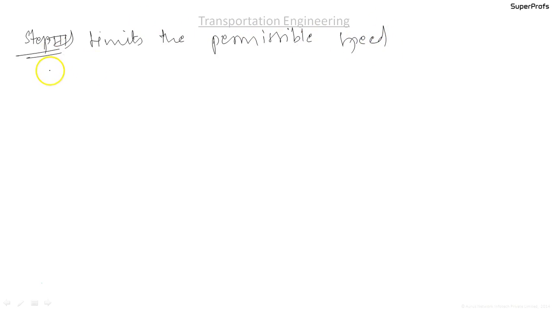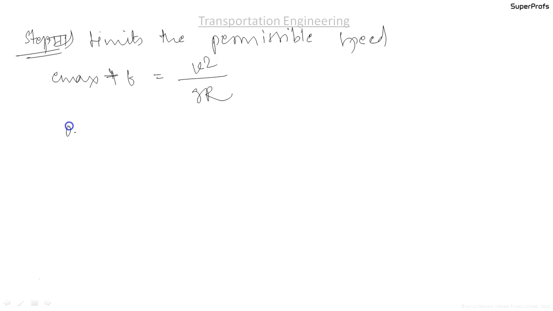So the formula will be Emax plus whatever is the value of F, equal to, again with respect to the full design speed, V square upon GR.